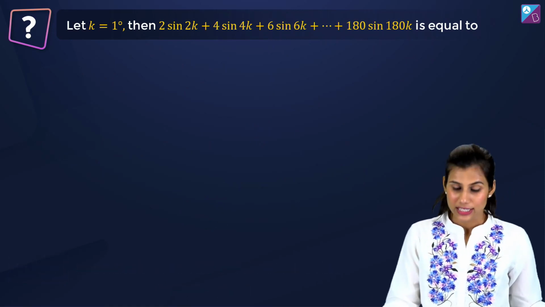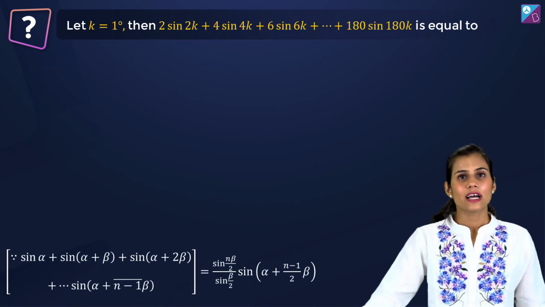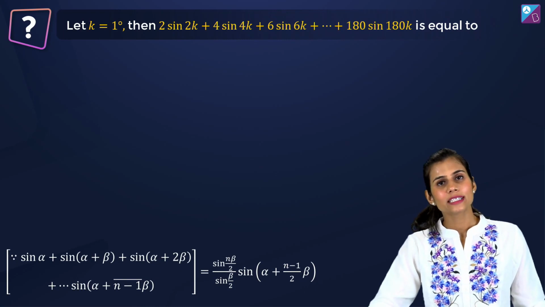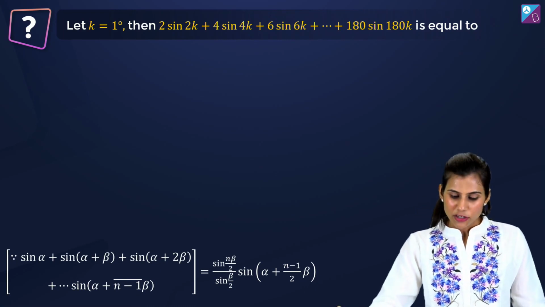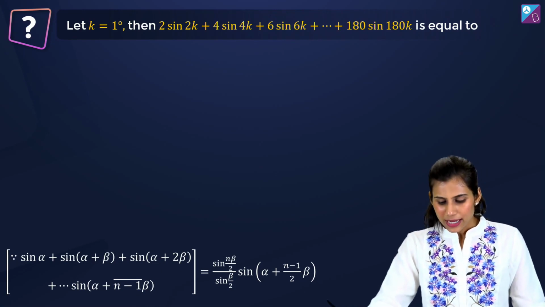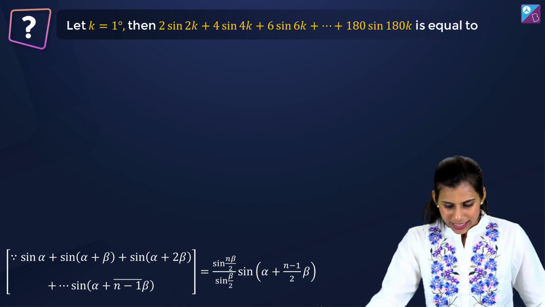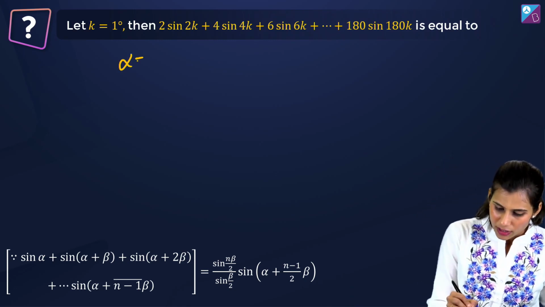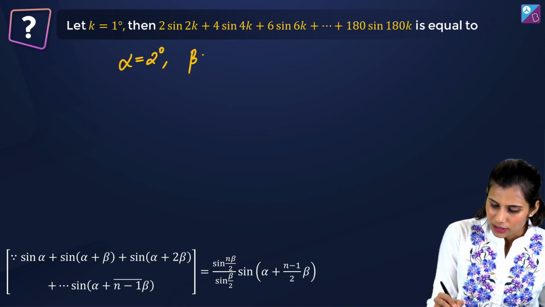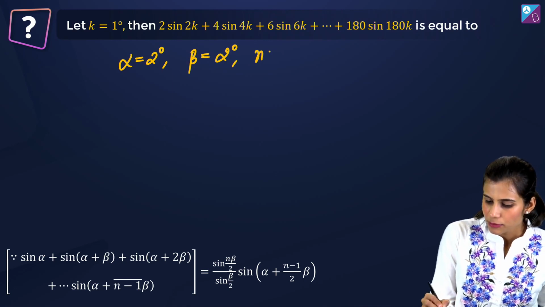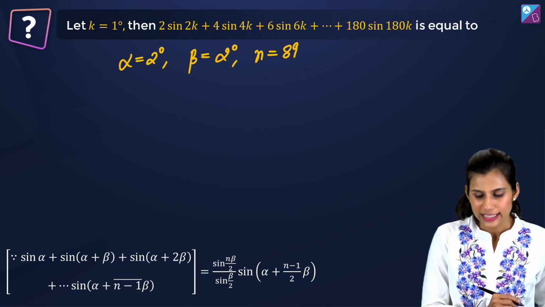I know by the result that sine alpha plus sine of alpha plus beta plus sine of alpha plus 2 beta and so on is given by sine of n times beta by 2 upon sine beta by 2, multiplied by sine of alpha plus n minus 1 by 2 times beta. Let's quickly apply this. So my alpha was 2 degrees, beta again 2 degrees, and the number of terms we had already understood, 89.